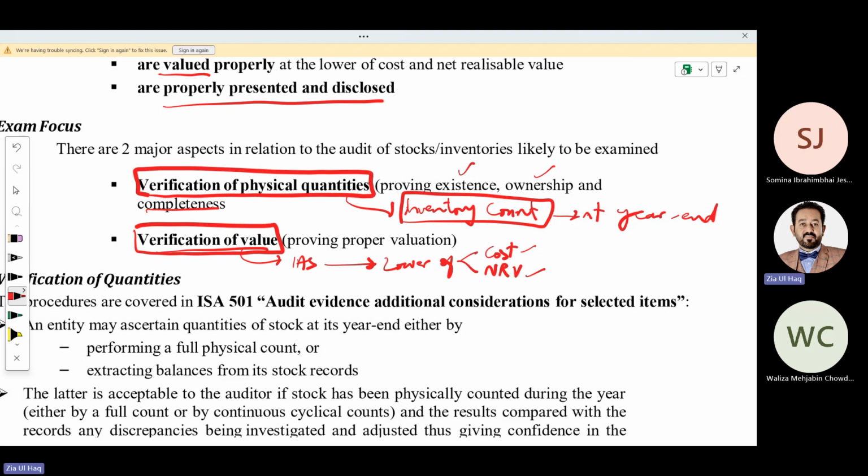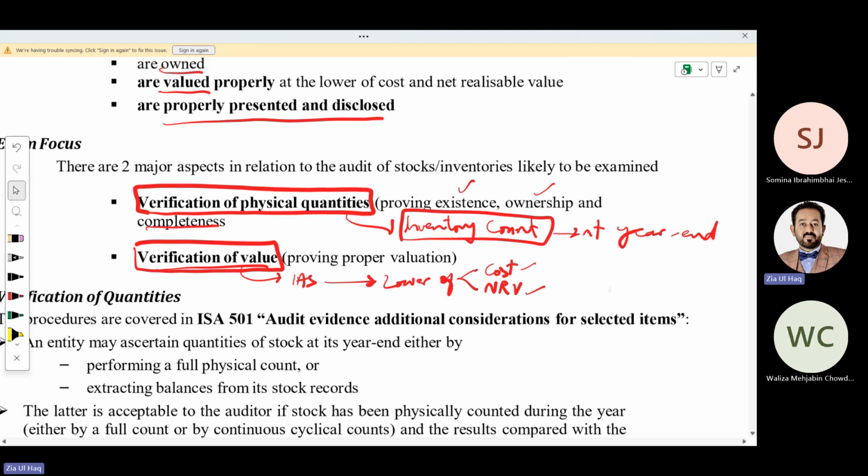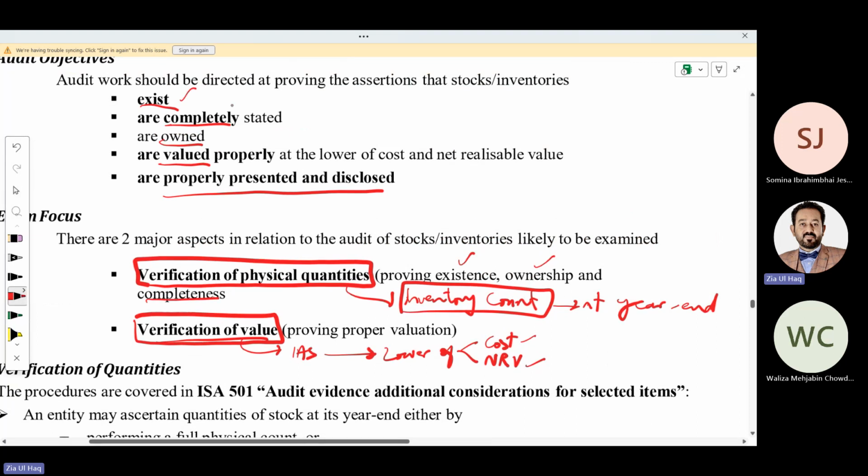To verify inventory, we need to perform two verifications: physical quantity, which will assure the assertions of existence, ownership, and completeness, and value, for the valuation assertion. Through this, we will be able to verify four main assertions relating to inventory.